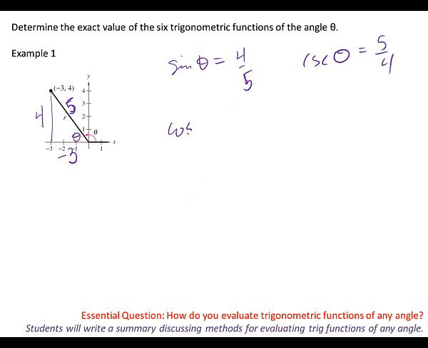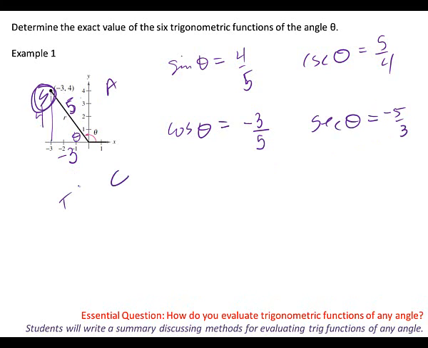Good. The cosine of that angle is what? -3 over 5. Okay. The secant of that angle would then be? Good. Does it make sense that cosine and secant are negative in that quadrant? Isn't it All Students Take Calculus, right? So S is the only thing that's positive.